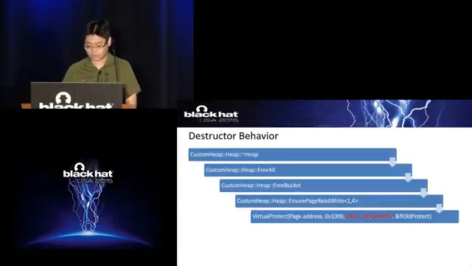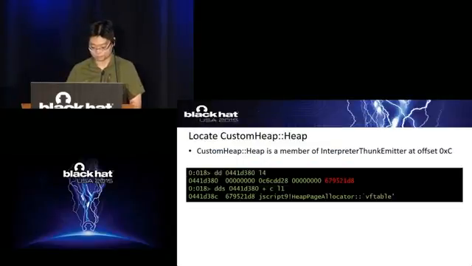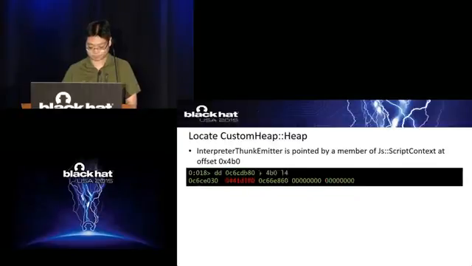Now the first question is, where can we find the custom heap? The custom heap is a member of the interpreter trunk emit at offset C. And the interpreter trunk emit is pointed to by a member of JavaScript context at offset 4B0.